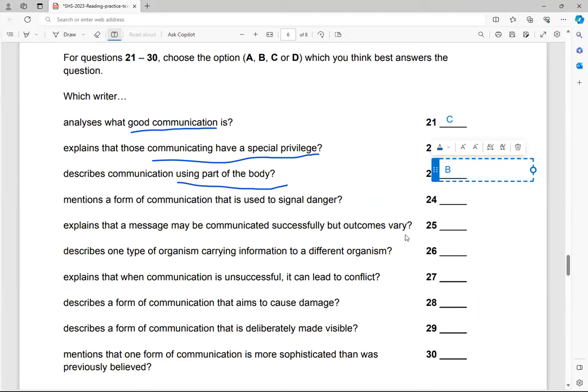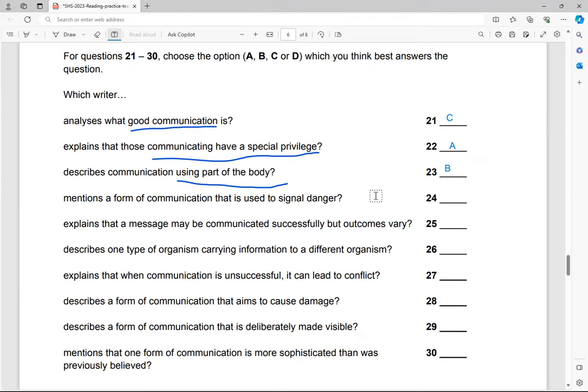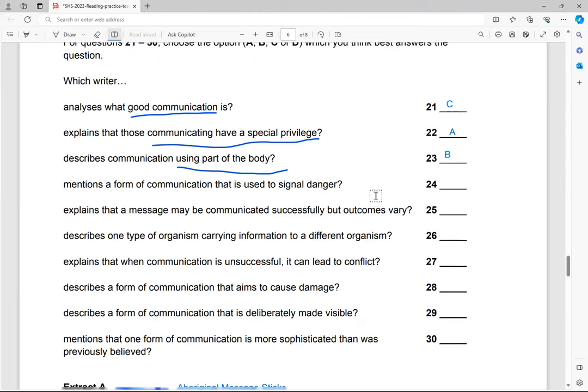Now, question 24. Which writer mentions a form of communication that is used to signal danger?